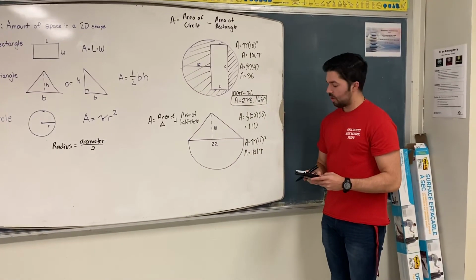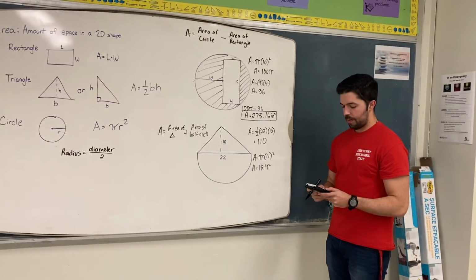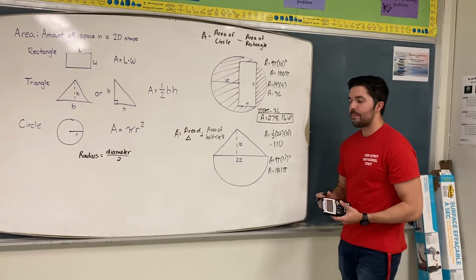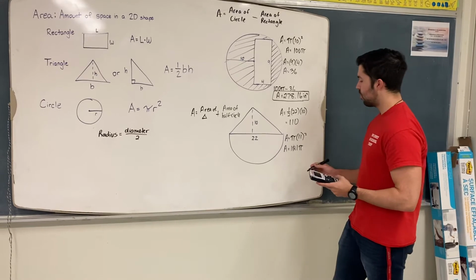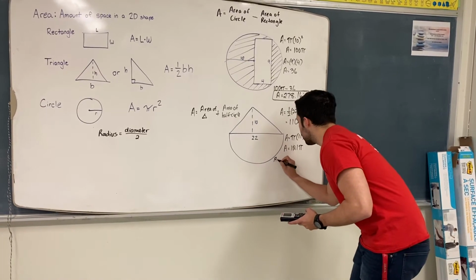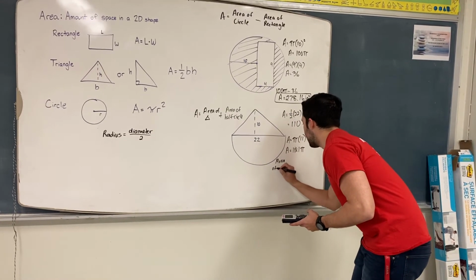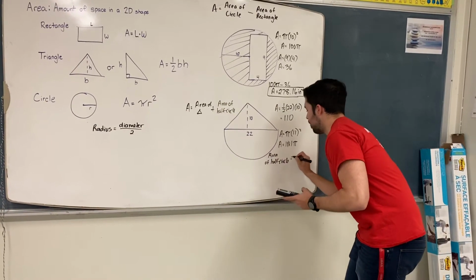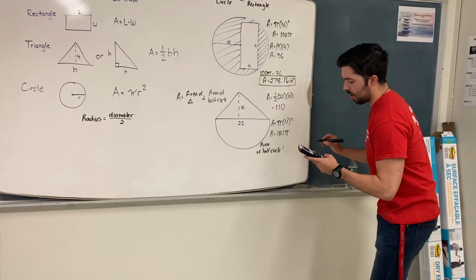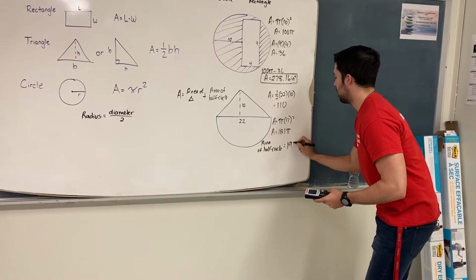So you're going to go in your calculator, do 121 pi, and you're going to divide it by 2. You want only half of a circle. So divide it by 2, area of half circle would be about 190. I'm gonna leave it at 190.